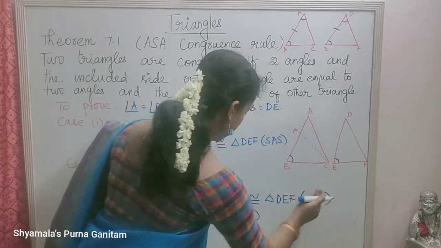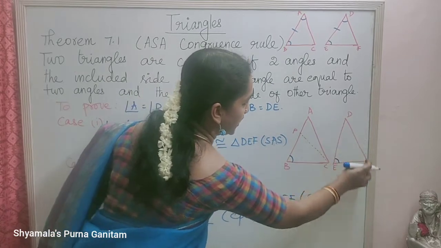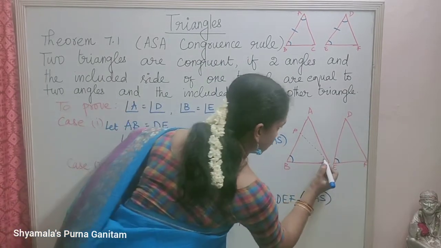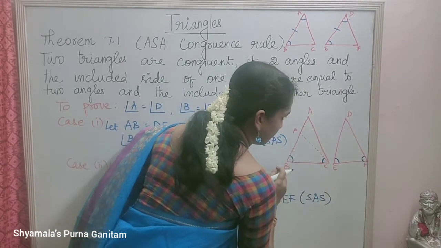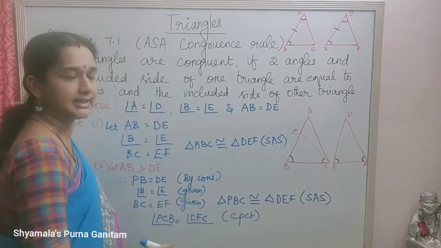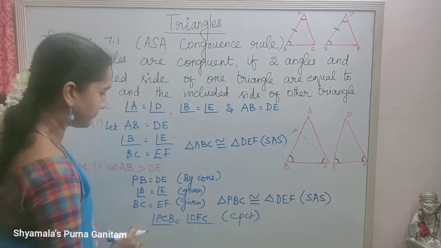PCB is equal to DFE. PCB is equal to these two angles, this angle and this angle. So PCB is equal to DFE, that is by CPCT. By CPCT, these two angles are equal.